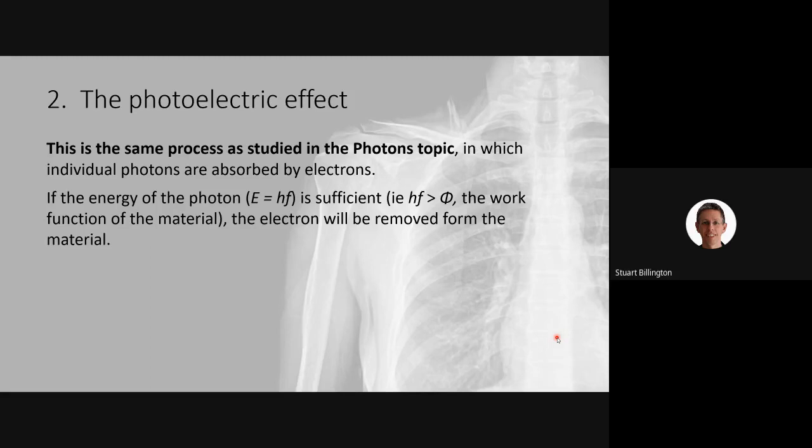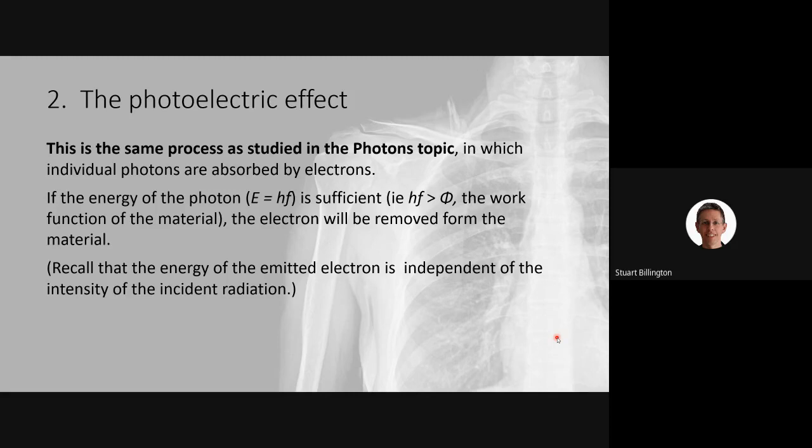Now, X-ray photons have quite a lot of energy. The work function of the electrons in your body often have quite a lot of energy, and actually they match quite well. And the photoelectric effect is one mechanism in which the tissues of the human body will remove X-ray photons from the beam. Remember, the intensity is all about how many photons there are.